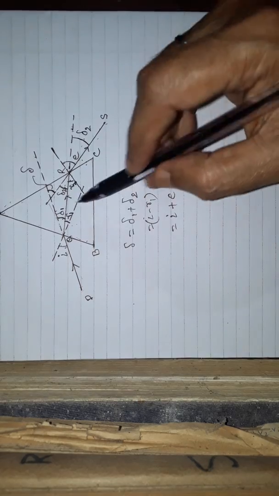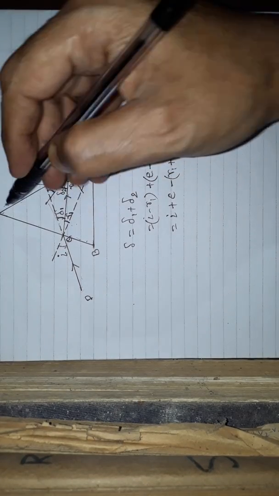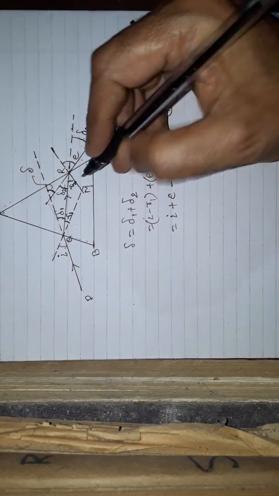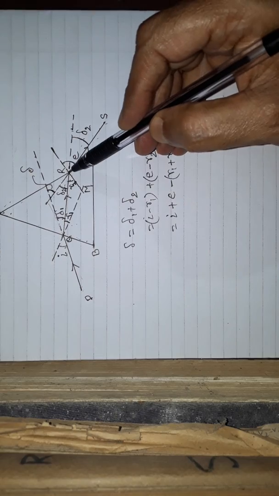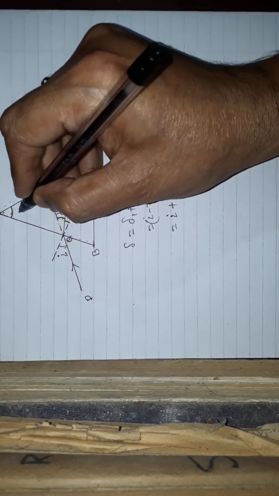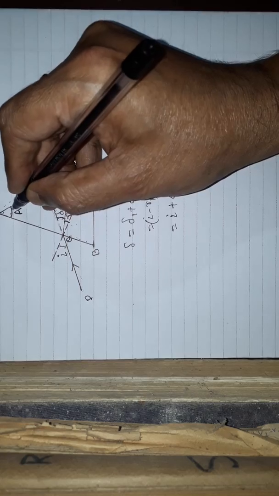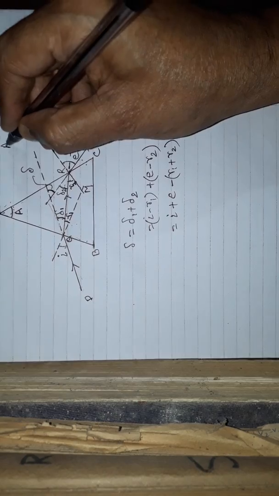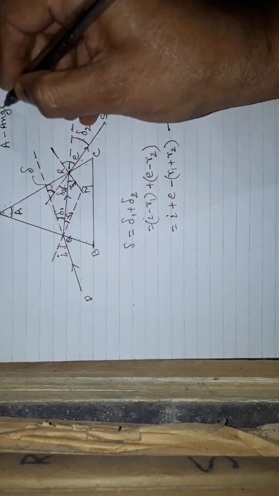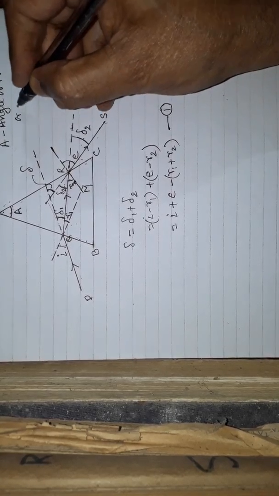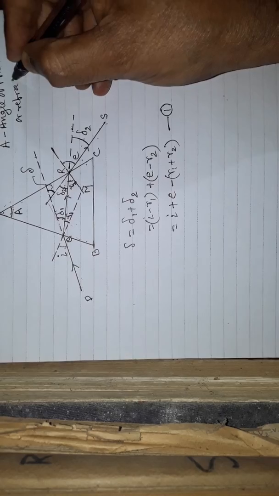Now we are considering this quadrilateral, here we are giving the name M, AQMR. The sum of the four angles will be 360 degrees. So this A is called the refracting angle of the prism, or sometimes the angle of prism.